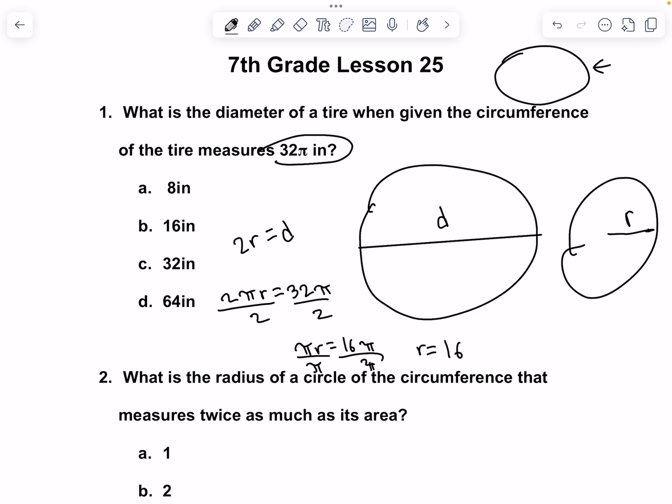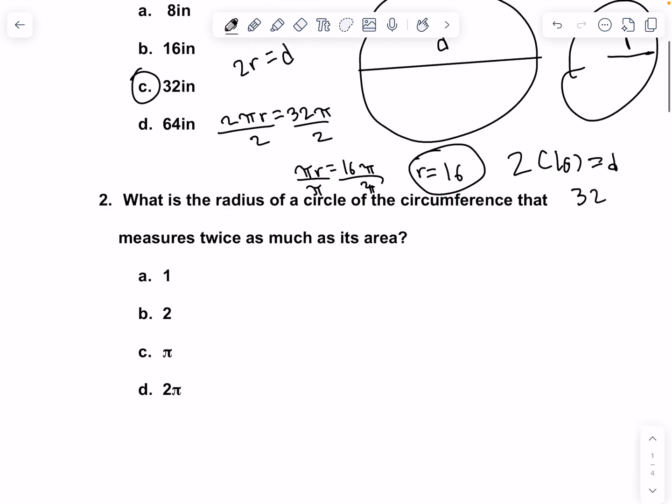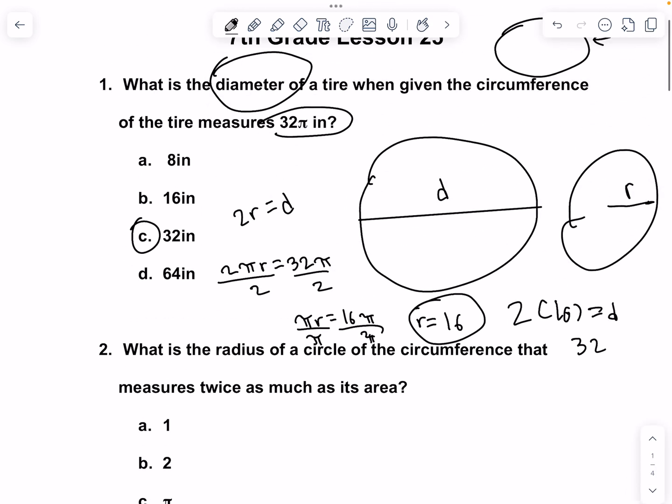So the radius would be 16. However, we're trying to find the diameter, and 2r is equal to the diameter, so 2 times 16 is equal to the diameter, and that would be 32. So 32 is the diameter, which is C. So 32 inches would be the diameter.